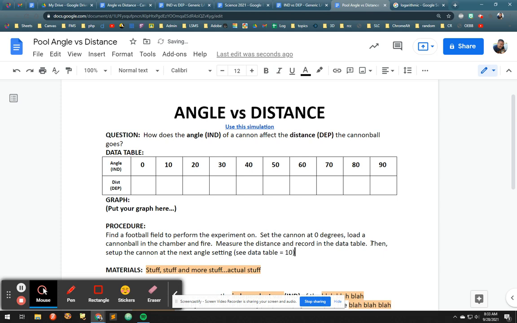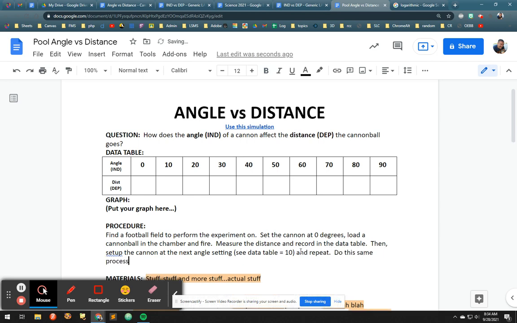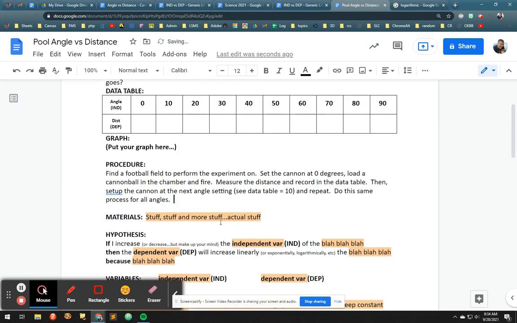Let's say like that, because that's what I'm trying to communicate, is that we're getting it from the data table right up here. Then repeat, do this same process for all angles.